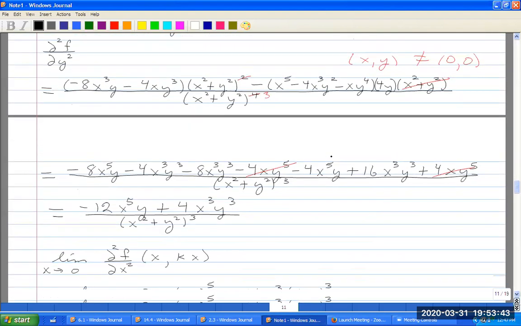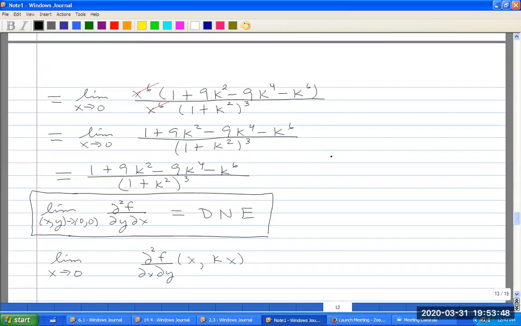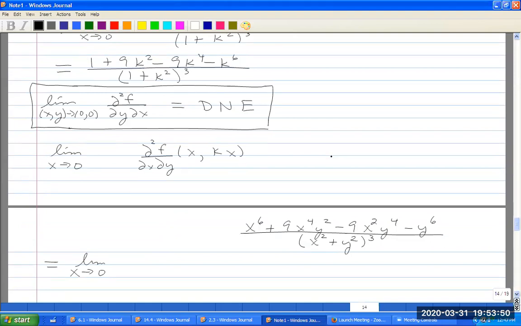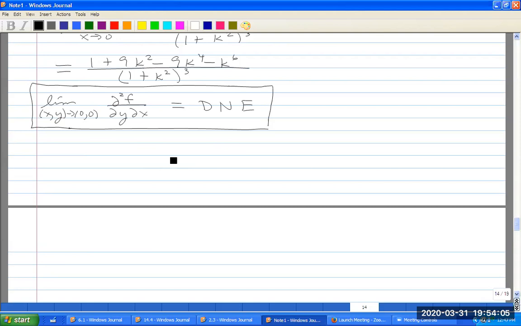So I don't need to show that because the mixed partials are the same. So if one doesn't exist, obviously, if they're the same, then this limit doesn't exist for the other one.